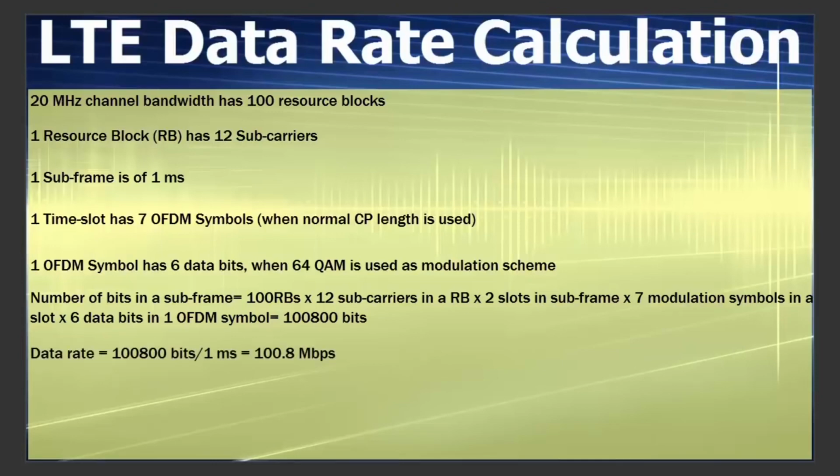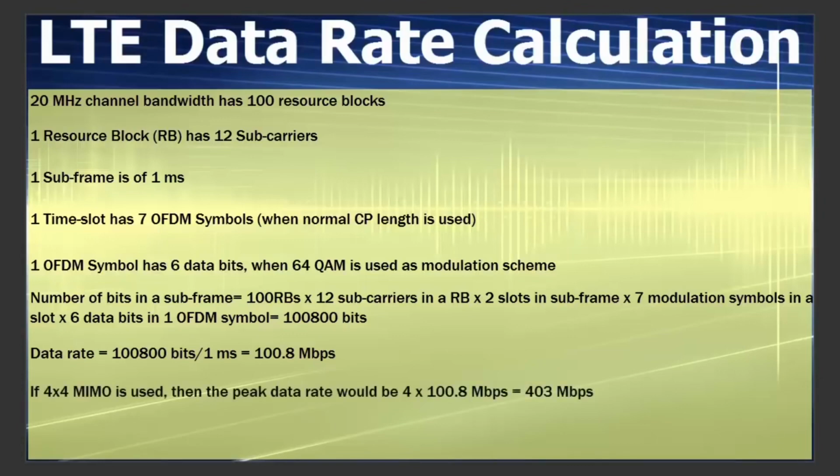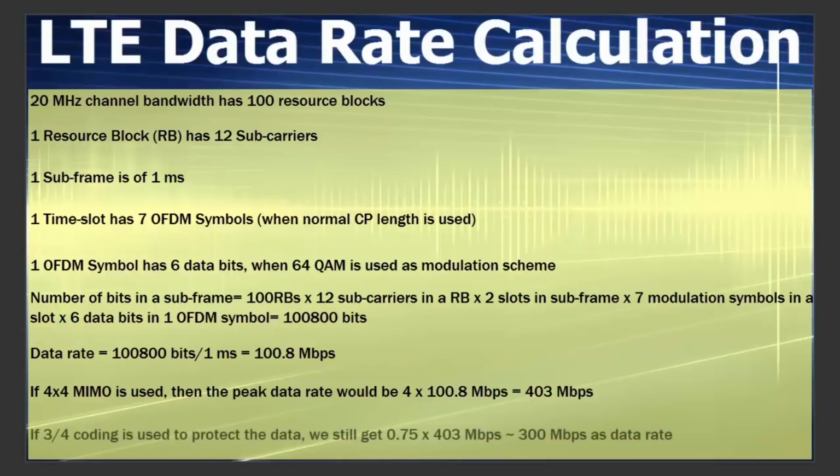Hence the data rate is 100.8 Mbps. If 4x4 MIMO is used, then the peak data rate would be 4 into 100.8 Mbps, that is 403 Mbps. If 3/4 coding is used to protect the data, we still get 0.75 into 403 Mbps. That will come out to be 300 Mbps approximately.